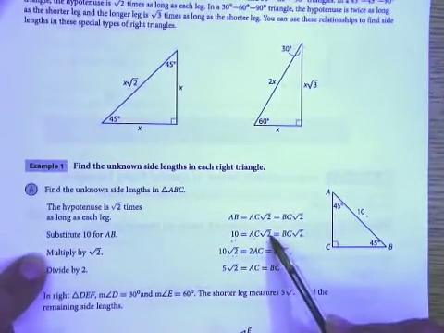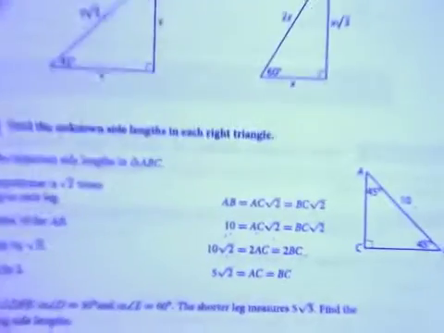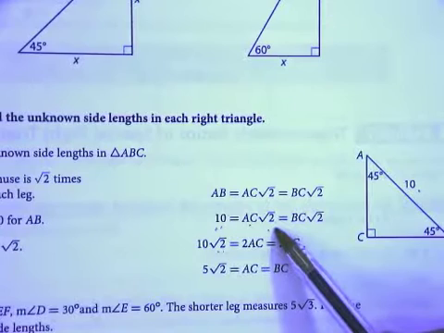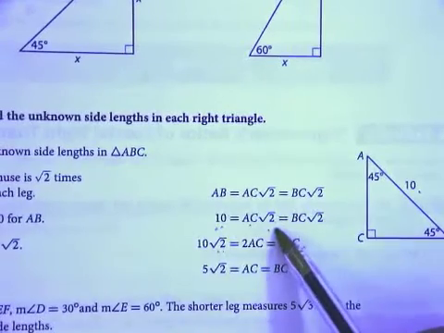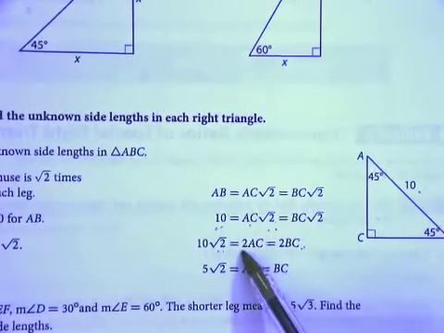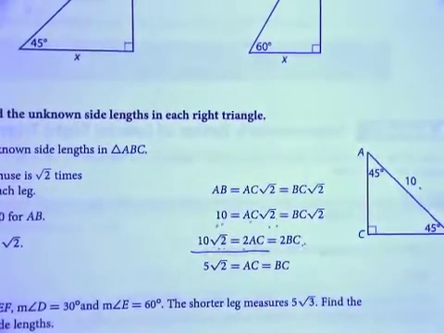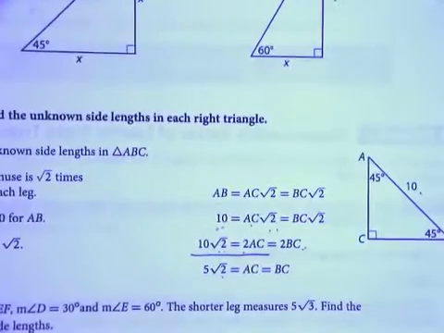When I take this expression, this AC times radical 2, and I multiply it by another radical 2, remember we saw this earlier. Radical 2 times radical 2 is radical 4. You know that the square root of 4 is 2. And then finally, it's very easy to take this equation and divide both sides by 2 and get this value.